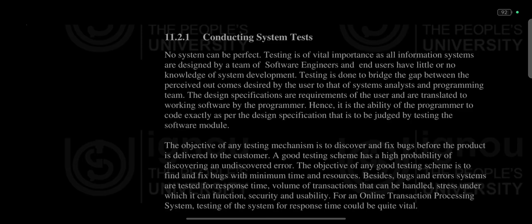Conducting system tests. No system can be perfect. Testing is of vital importance as all information systems are designed by a team of software engineers and end users have little or no knowledge of system development.